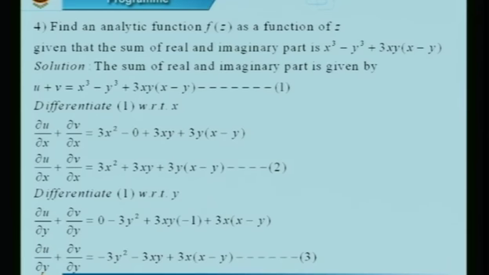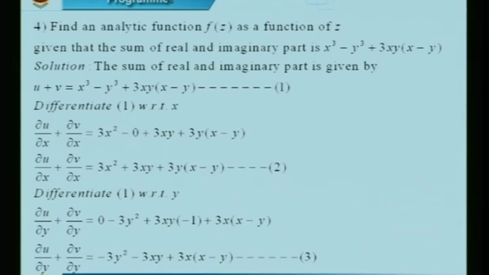Now suppose the problem is given in this form, then we can also construct the analytic function. Find an analytic function f of z as a function of z, given that the sum of the real and imaginary parts is (x cube minus y cube plus 3xy) into (x minus y).